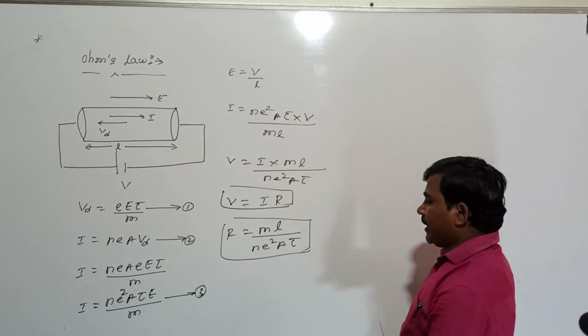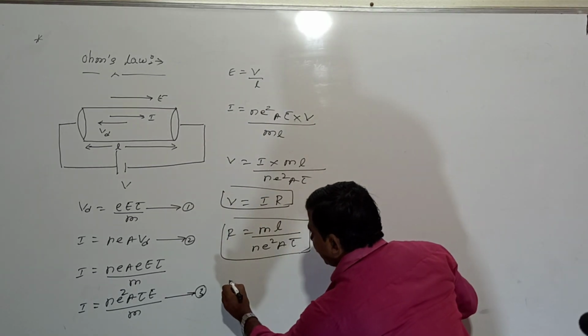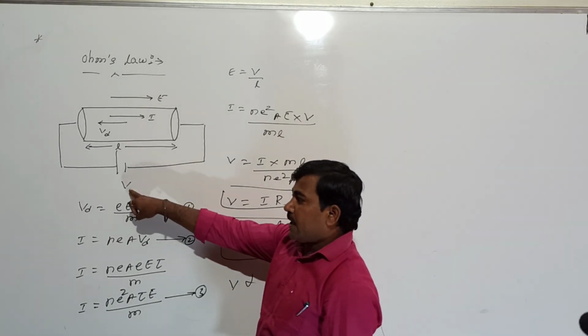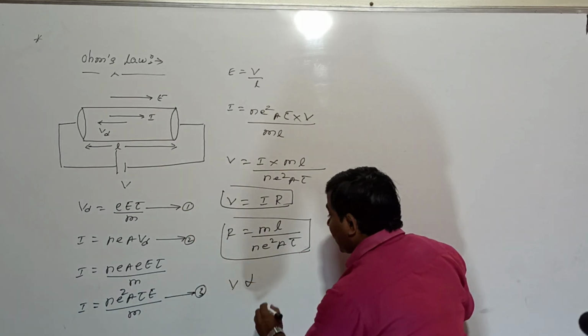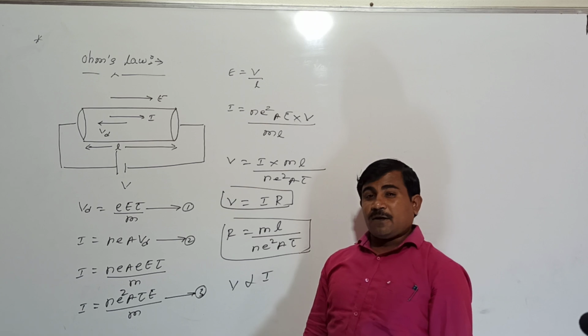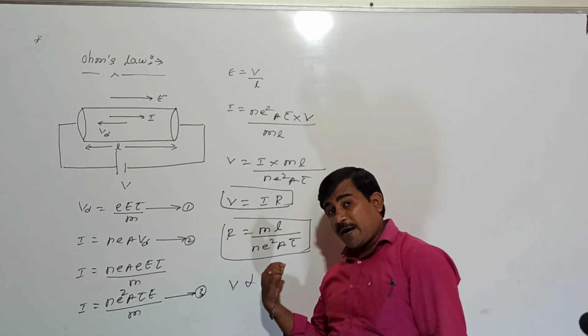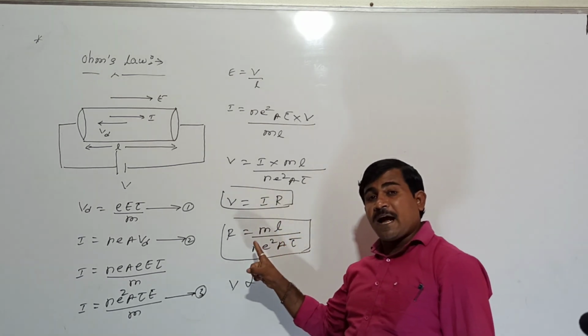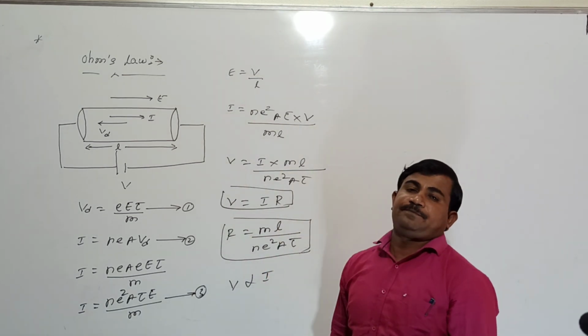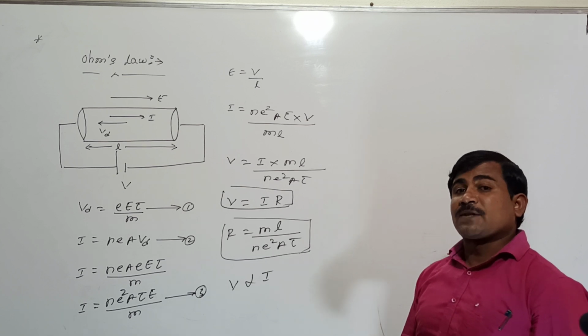Ohm's law can be written here. The potential difference applied across the ends of the conductor is directly proportional to the current flowing, provided the length, area, temperature, stress, and some other physical quantities remain constant. What is the statement of Ohm's law?